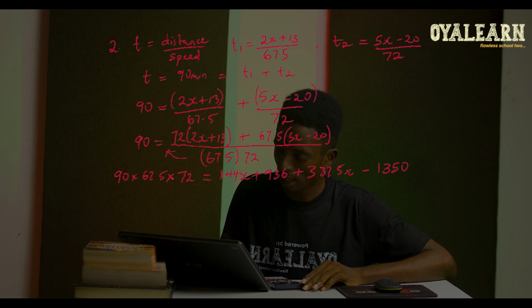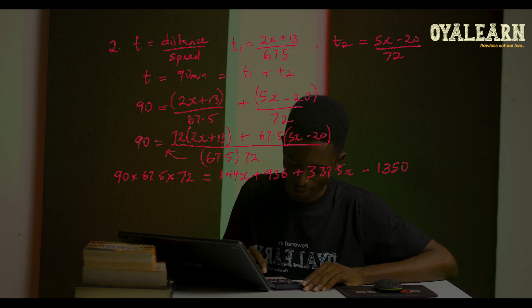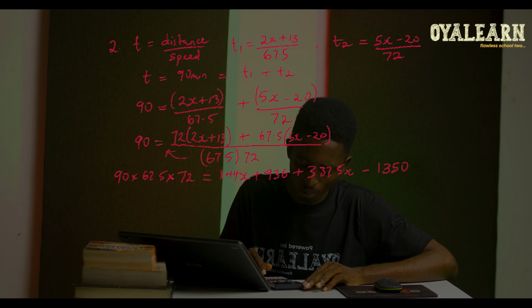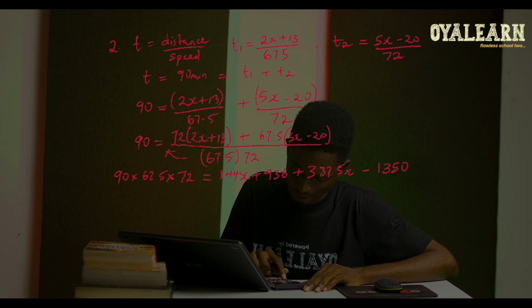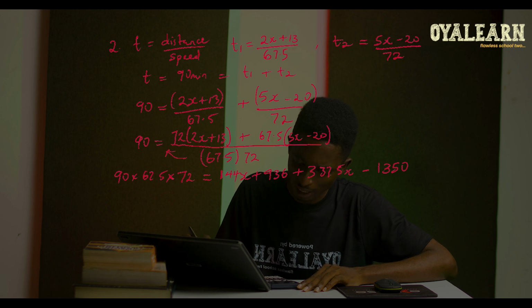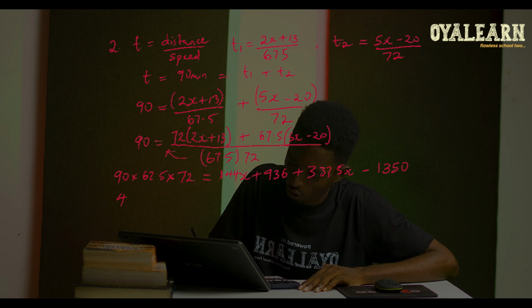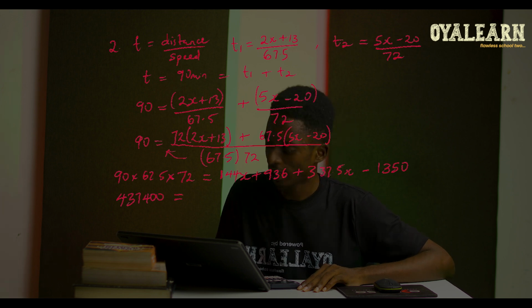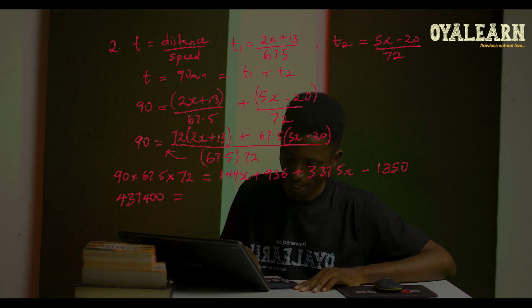Now what we do here is collect like terms, but let's solve the left hand side first, where we have 90 multiplied by 67.5 multiplied by 72, and that will give us 437,400.